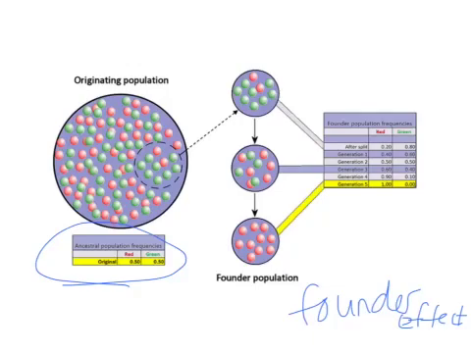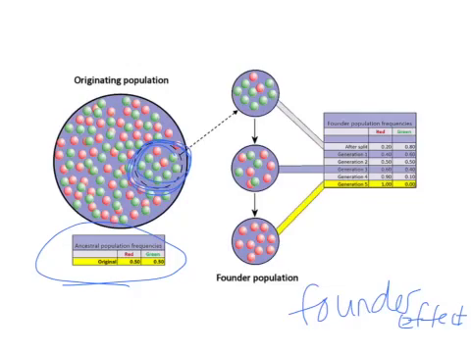And there's a small founder population that is not necessarily representative of the entire original population. By having this founder population, the organisms that it produces are going to have different allele frequencies than the original population.